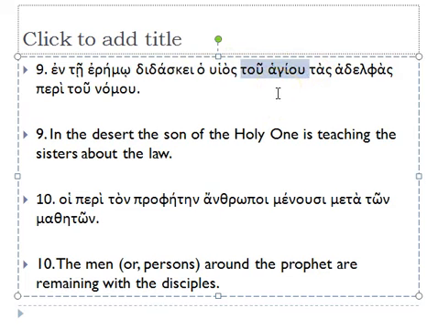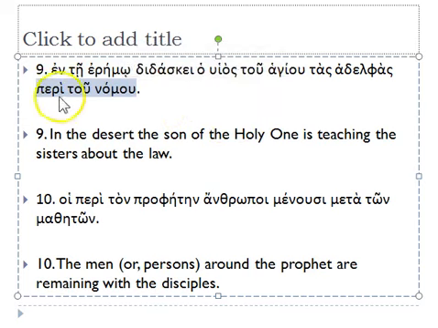both genitive masculine singular, no other noun that could go with it. And here I just want to point out that tu nomu cannot be taken with tu hagiu, as if somehow the law and holy go together, because tu nomu is bracketed out as part of this prepositional phrase.